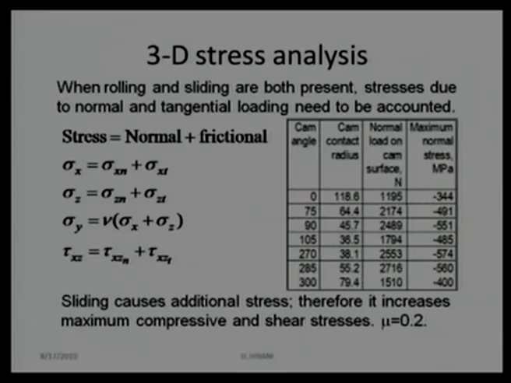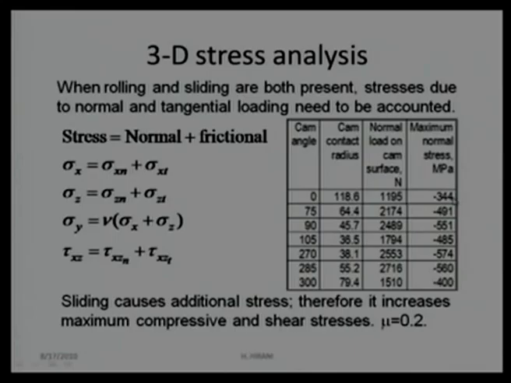If I do the overall analysis, a few results are presented here. At the cam angle, only a few degrees are shown so that they can be accommodated on the slide easily. Contact radius has been repeated, which was shown in the previous slides. Normal force is the same as shown earlier, but you can see the contact stresses.